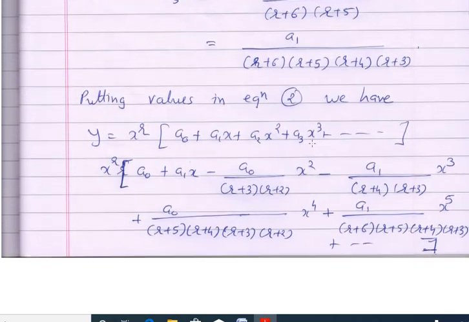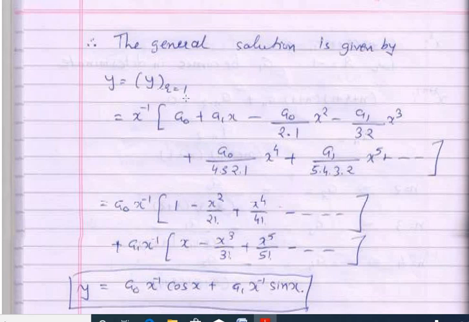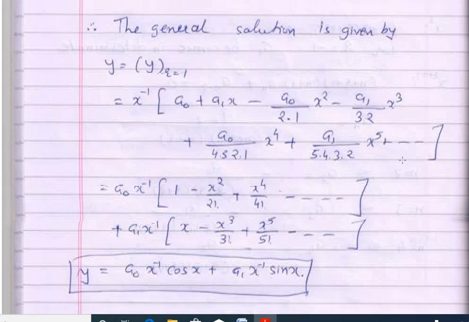So if you put all values here in y, then your equation is of this form, and in that you put r is equal to minus 1. Then it will be of the form x raised to minus 1 into a0 plus a1x minus a0 by 2 into 1 x square minus a1 upon 3 into 2 x cube plus a0 by 4, 3, 2, 1 x raised to 4, a1 upon 5 into 4 into 3 into 2 x raised to 5, and so on.